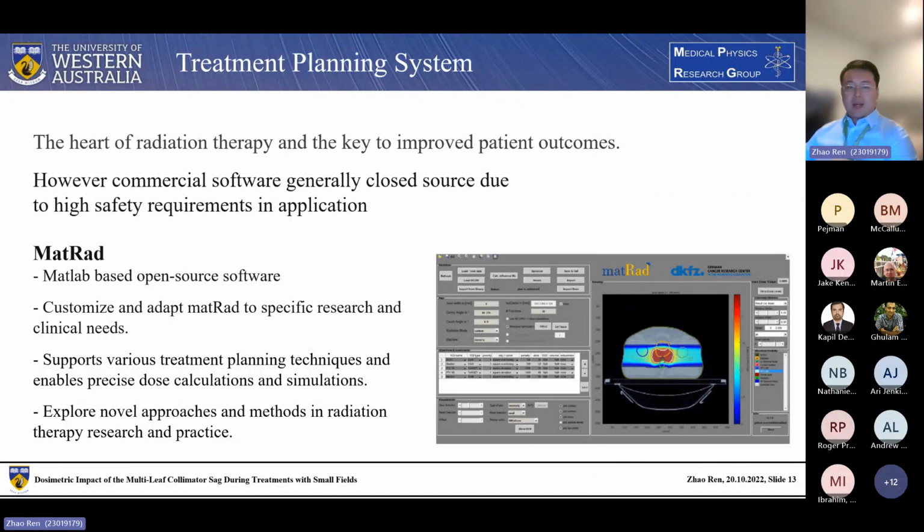MatRad is open source software, and it can be customized and adapted to specific research and clinical needs. It also supports various treatment planning techniques and enables dose calculations and simulations, and it will explore novel approaches and methods in radiation therapy research and practice.